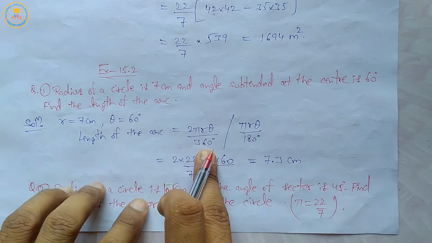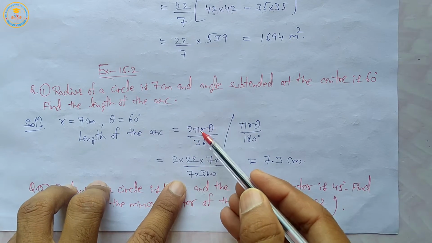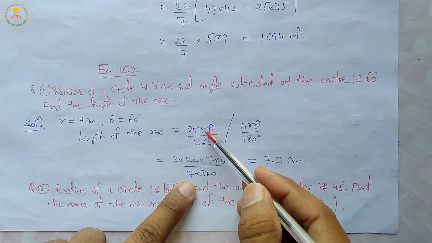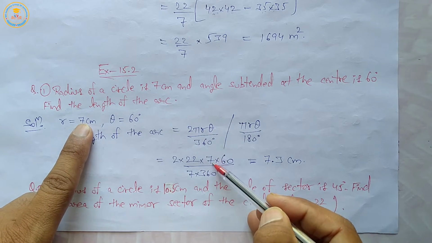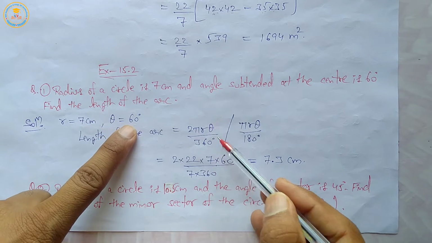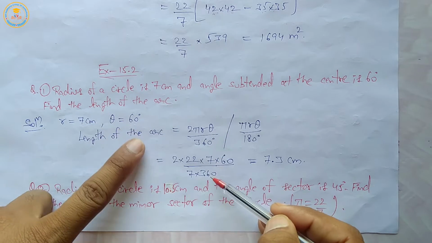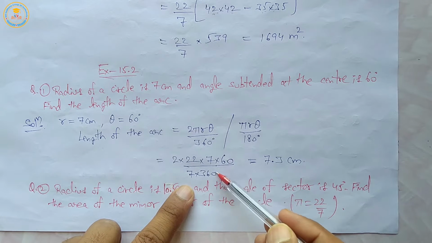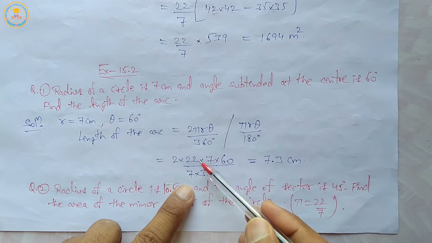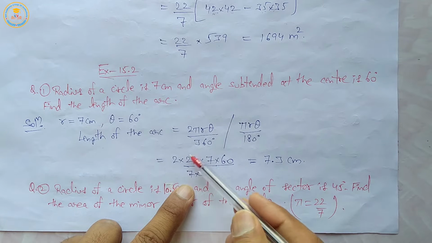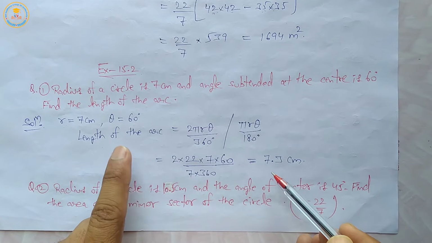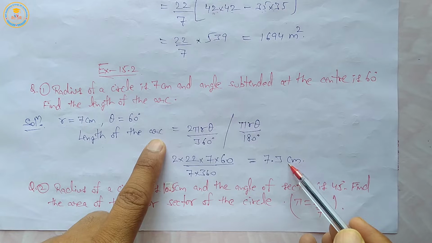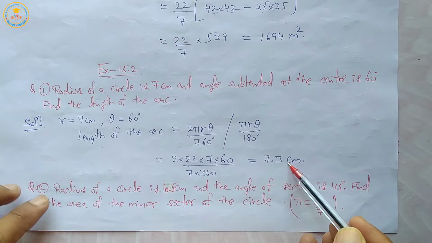So 2 as it is, pi equals 22 upon 7, r means radius is given 7, theta is given 60 degree. Solve, cancel out, 0 cancels out, 6 times 7 cancel out. It means for calculation of this part we get length of the arc is 7.3 centimeter. Answer.